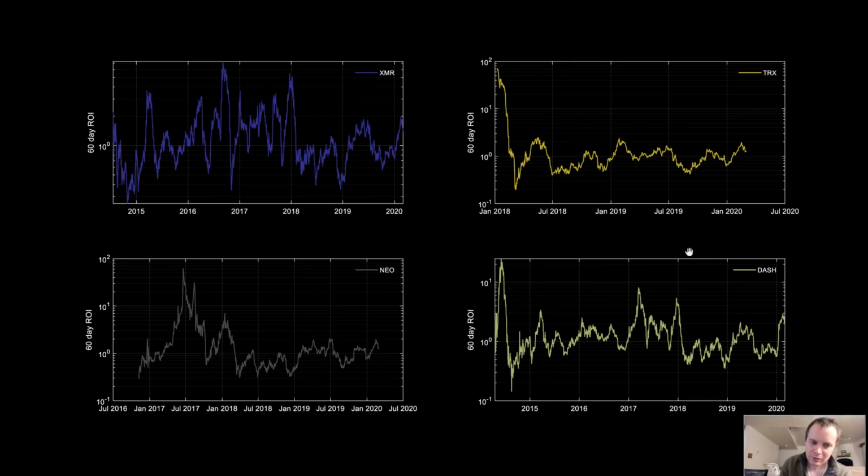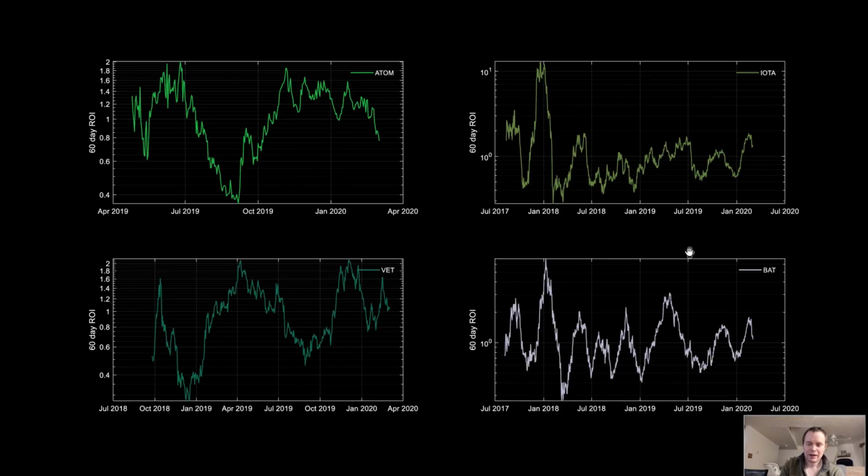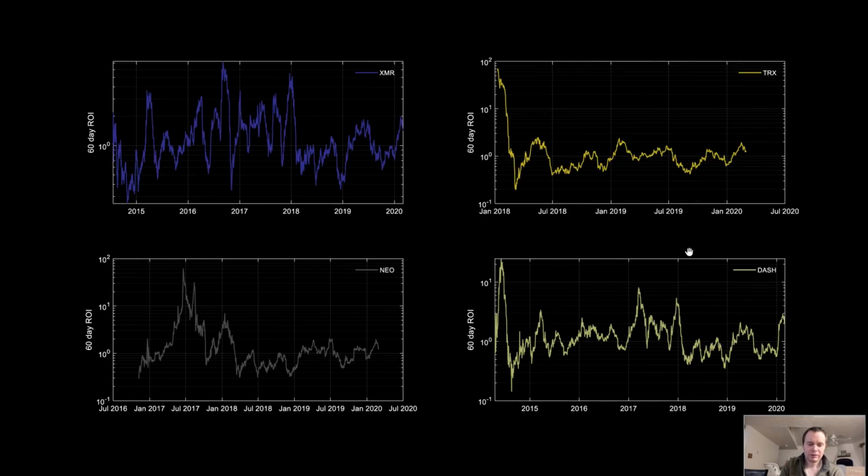So here's XMR, Tron, Dash, and Neo, and we'll just keep on moving. But I would like to point out how good of a 60-day ROI Neo had back in July 2017. Look at this. This is like 60x or so. This is incredible.